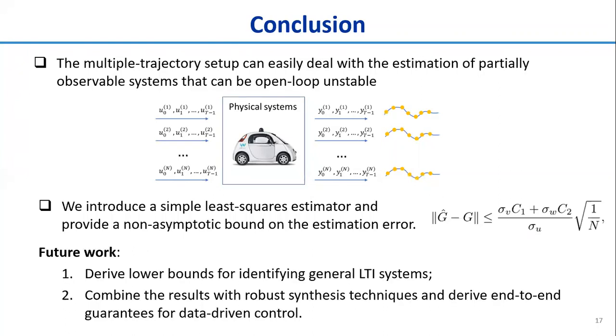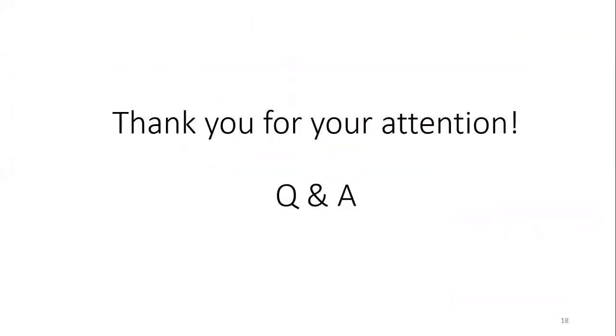And for future work, it will be very interesting to derive lower bounds for identifying general linear time-invariant systems, which may allow us to show the fundamental difficulty of unstable system identification. Also, it would be very interesting to combine our result with robust synthesis techniques and derive end-to-end guarantees for data-driven control. And thank you for your attention.